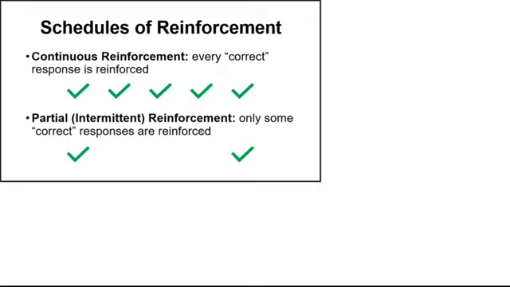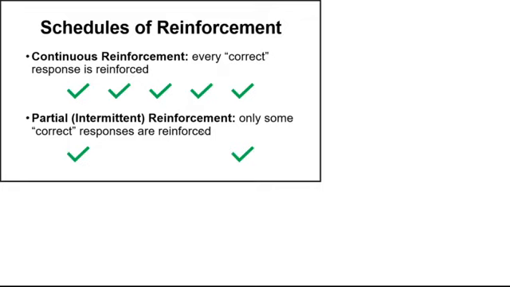We also have situations where we use what's called either partial or intermittent reinforcement. This is when not every single response is reinforced. So maybe sometimes when the rat presses the lever, it gets food. Other times it does not. There are some benefits to having them not get food every single time, and we'll talk about a couple of those later on.